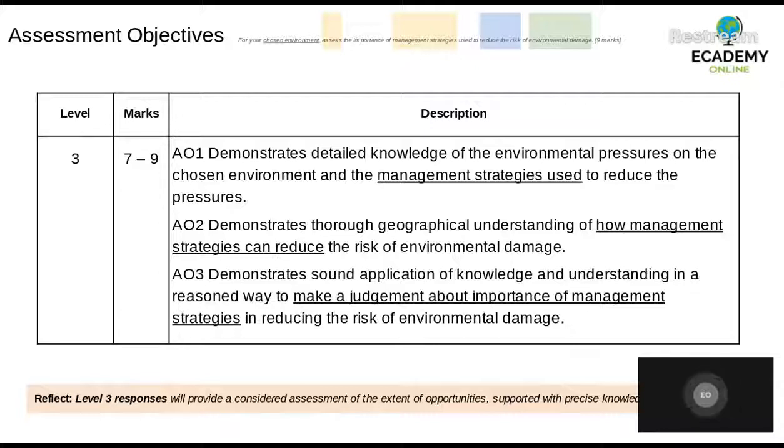Next is to focus on how they reduce risk. So you've got to talk about a management strategy, how it reduces risk, and thirdly, how you can make a judgment about how valuable that thing is. You've got to come to a decision on how useful it is in reducing risk to the environment.